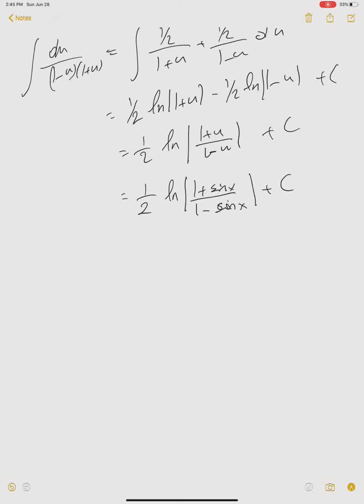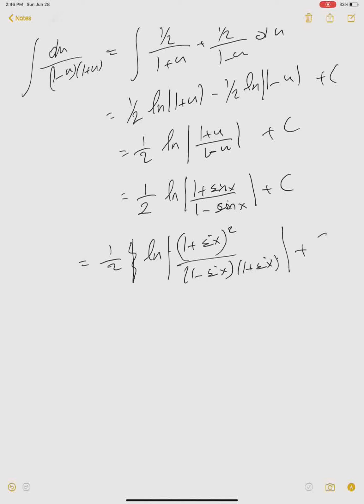plus c. And this is equal to half, multiplied by the conjugate in the denominator, log of absolute value (1 plus sine x) squared over (1 minus sine x) times (1 plus sine x), plus c. And this is equal to half log (1 plus sine x) squared over (1 minus sine squared x), plus c.